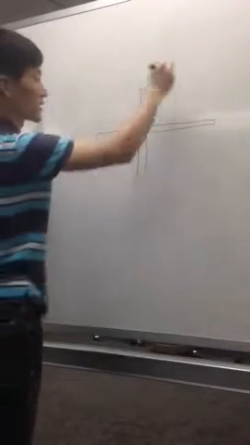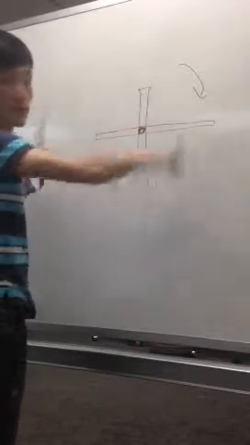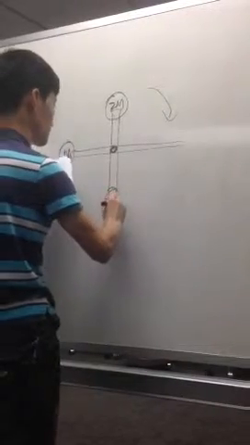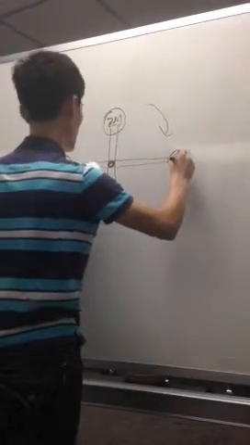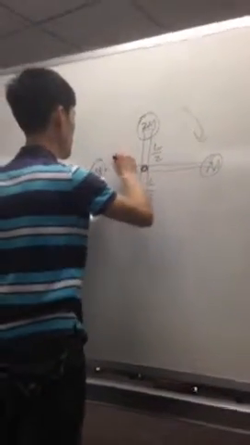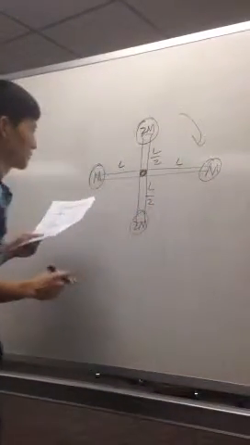Okay, they are rotating like this. They are rotating like this. Okay. 2m and 2m. Here is L over 2, here is L, here is L. Okay?